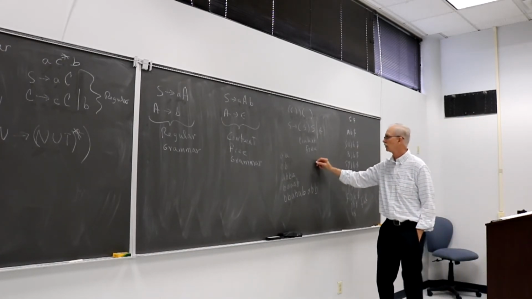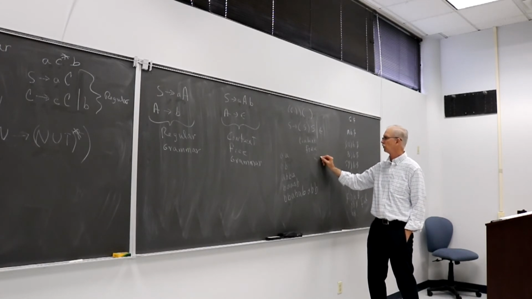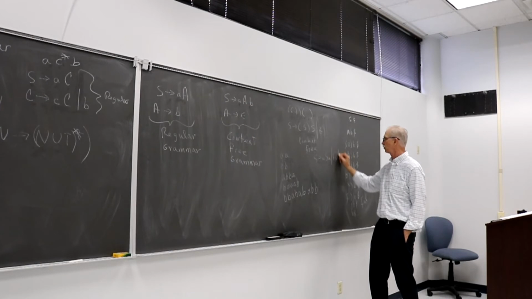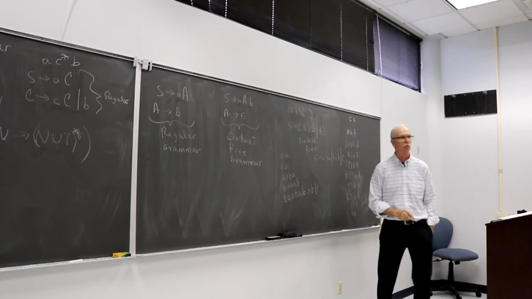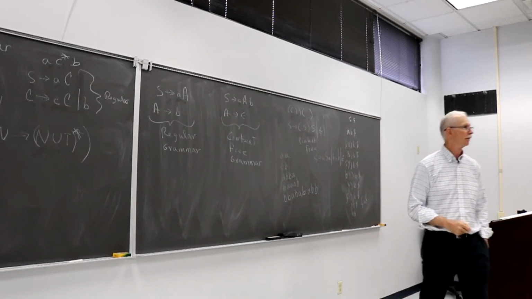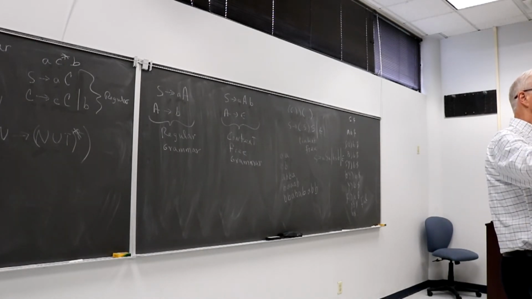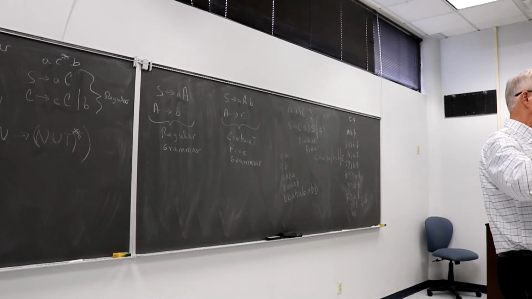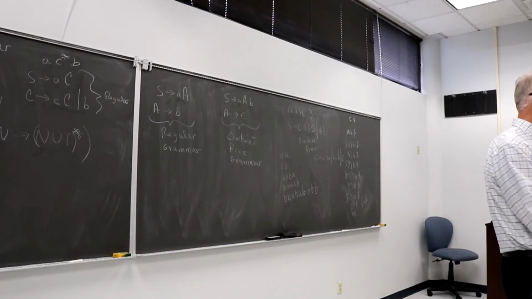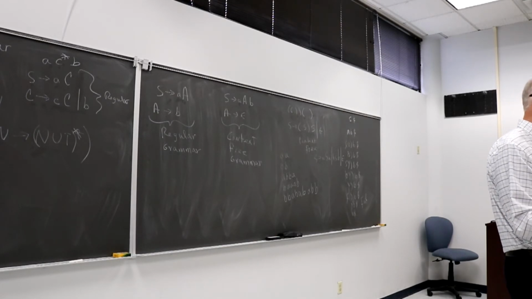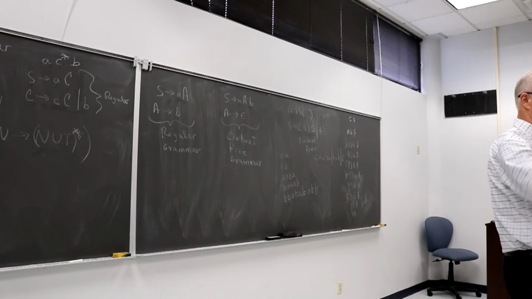So I got this. S goes to A S A, or B S B, or empty, I think might do it. See, I got it figured out. 12 points for 6? Writing a grammar is like writing a program. You got tools, not many, but you've got a problem and then you create the solution.